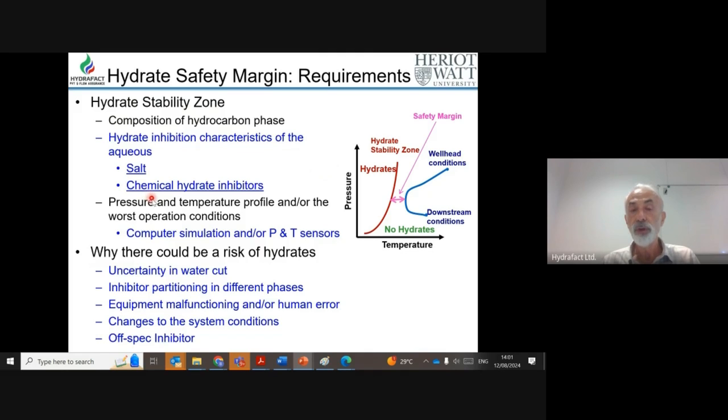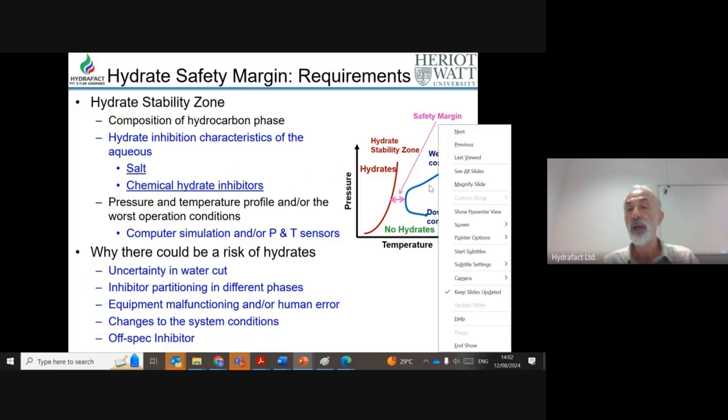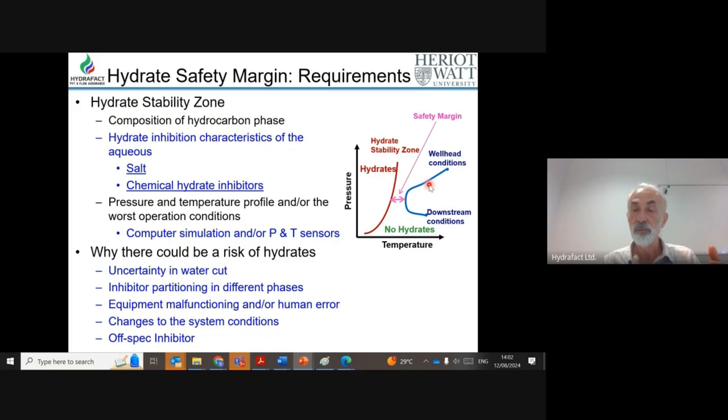The other point that controls hydrate safety margin is pipeline condition. And by computer modeling or having temperature meter, pressure meter on the pipeline, basically the depth of the water temperature.